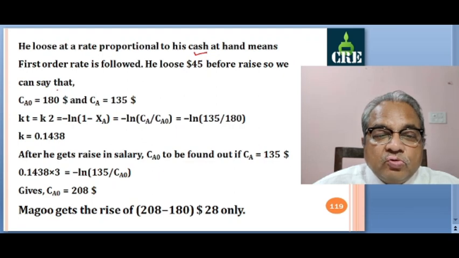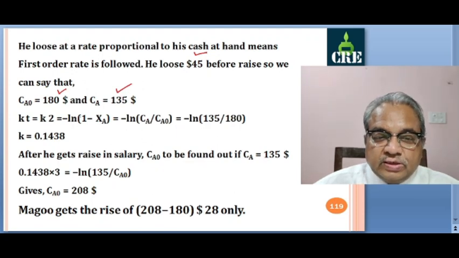So CA0 is equal to 180. He lost 45 in 2 hours. So CA, what he is taking home, is 135. So this is the initial concentration and this is unreacted or unspent.